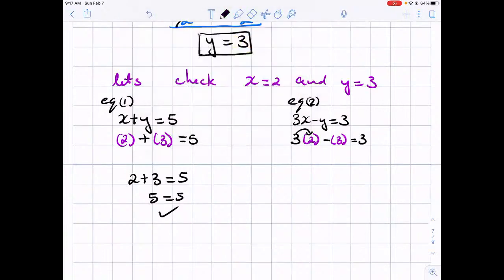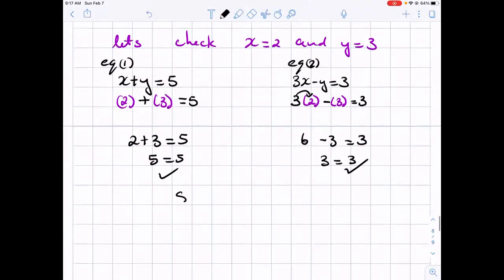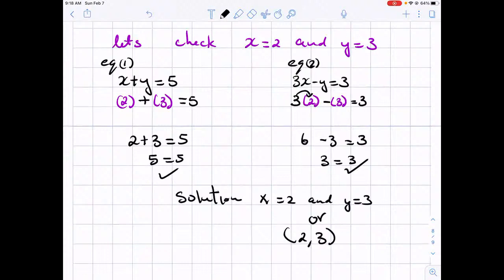So 3 times 2 is 6, minus 3, and 6 minus 3 is 3, which is equal to 3, so that checks. So the solution is x equals 2 and y equals 3, or you can write it as 2 comma 3 as a point. Okay?